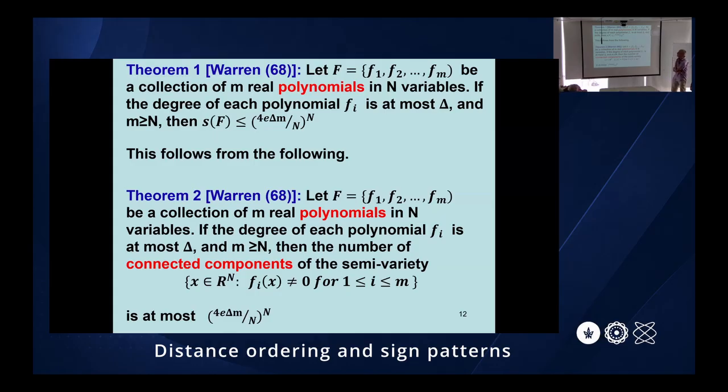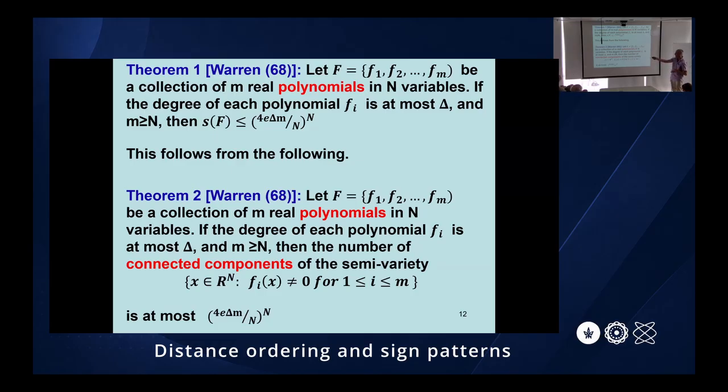It says the following: if each f_i is a polynomial in n variables, and let's say the degree of each polynomial is at most delta. There are some versions with different degrees, but let's not worry about it. And the number of polynomials is at least the number of variables. Then the total number of sign patterns is what you see here.